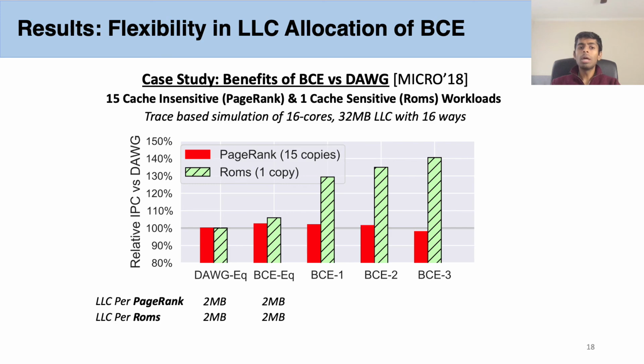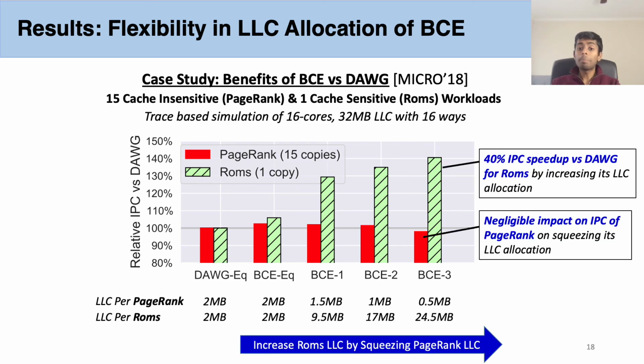In comparison, BCE can also do such equipartitioning but provide 16-way partitions, which result in 5% higher IPC for the cache-friendly ROMs workload. But BCE can also customize the partition sizes as per the workload requirement.